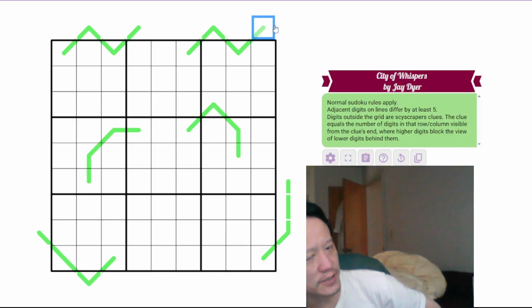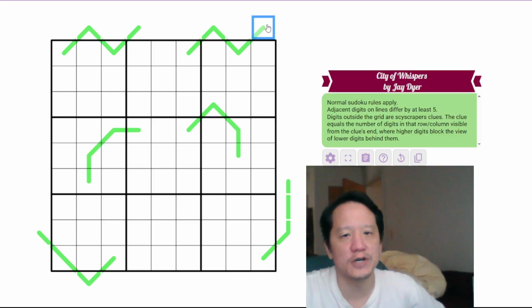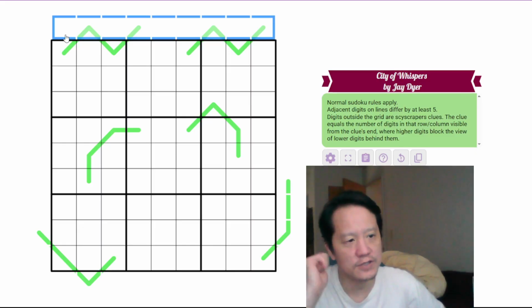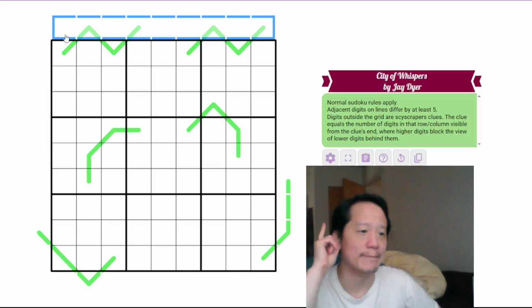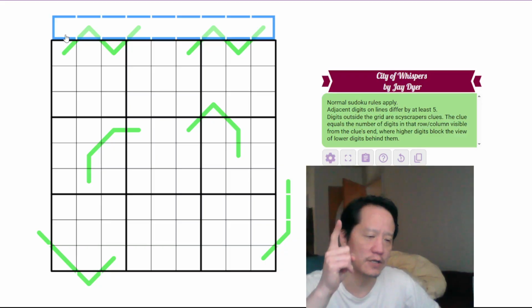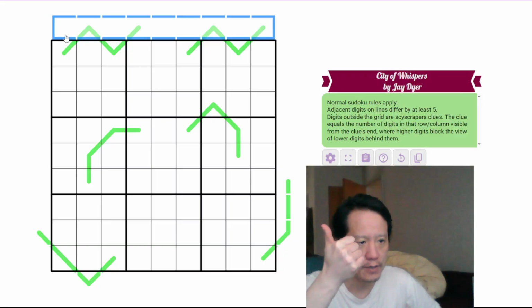And does that tell us anything? One thing you know for the skyscraper clues is only one at most of the digits outside can be 9. And only one at most can be 1, right?